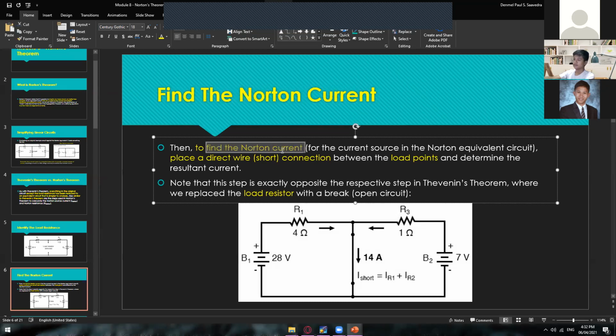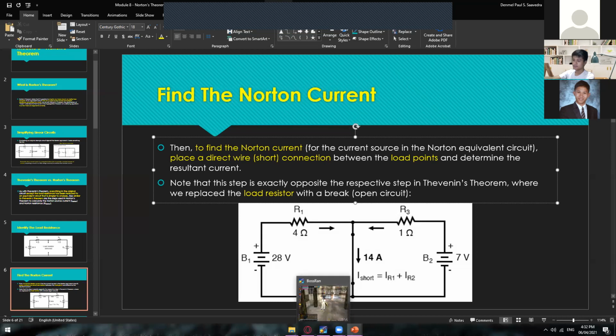So to find the Norton current, the current source in the Norton equivalent circuit, place a direct wire short connection between the load points, which we already did. And then from there, you can already solve the current that is flowing in this short circuit, or short wire.